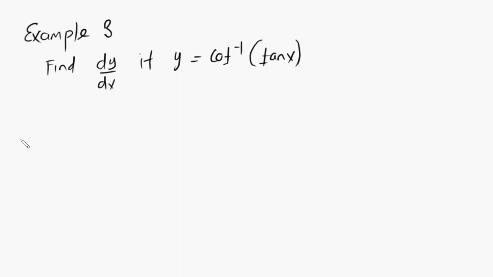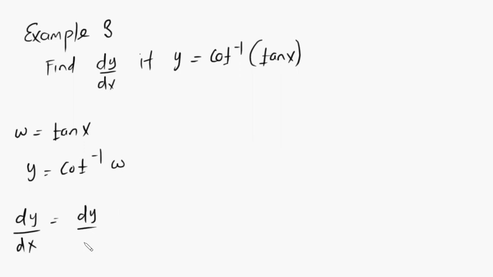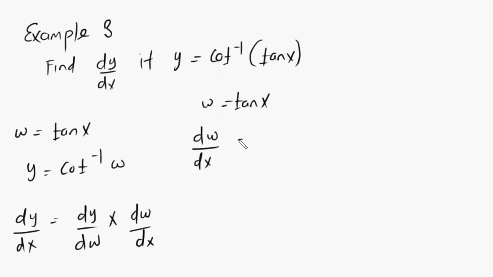So I'm going to use the chain rule. Again, just going to let w equal tan of x. So y is just going to be equal to cot inverse of w. So I know dy dx is just going to be equal to dy dw times dw dx. So from w equals tan x, I'll get dw dx, which is just going to be what?